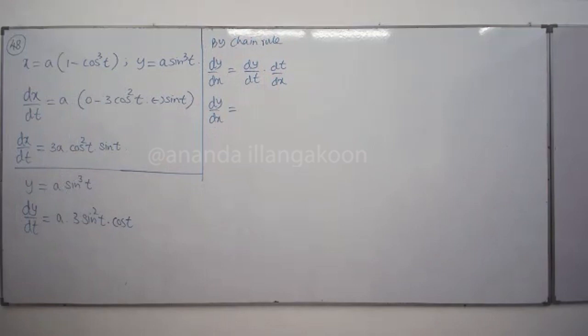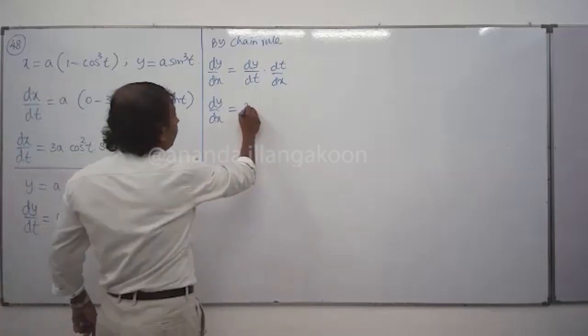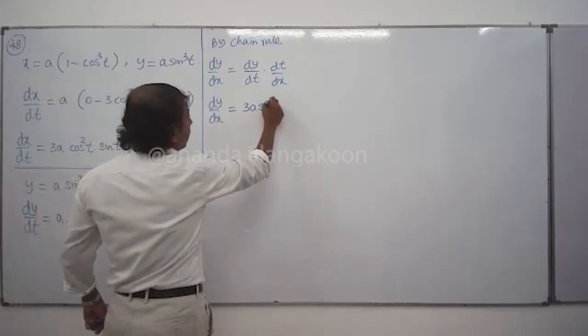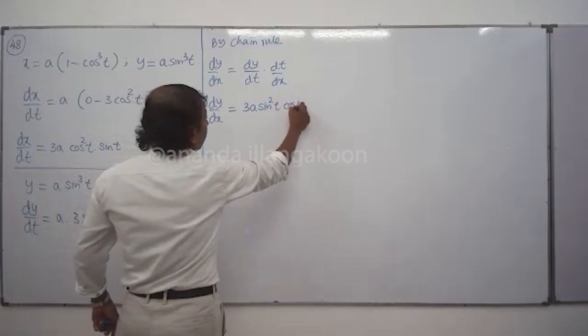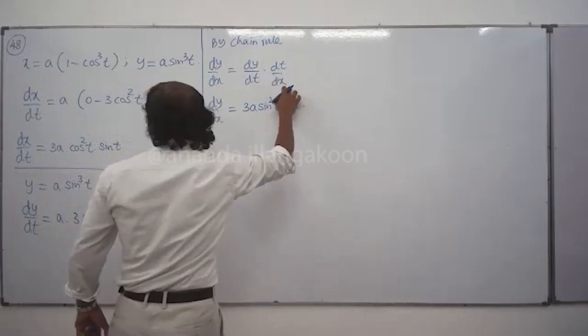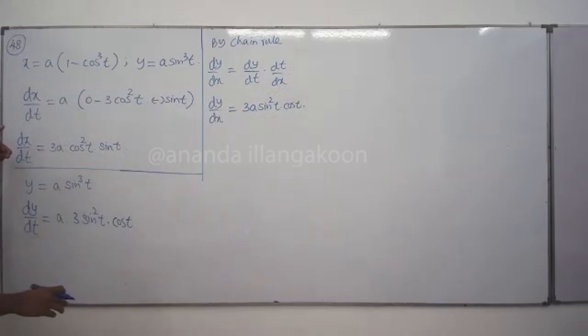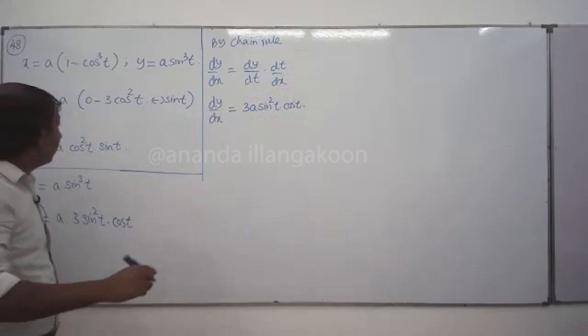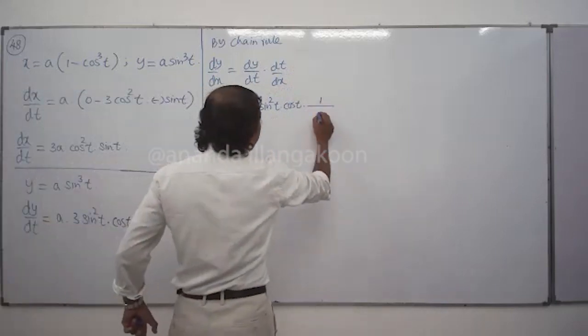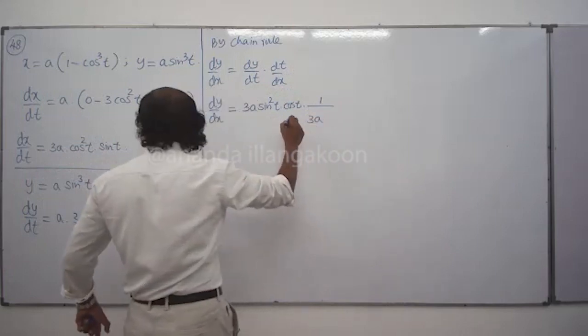dy by dt is 3a sine squared t cos t. dt by dx is the reciprocal of this, 1 over 3a cos squared t sine t.